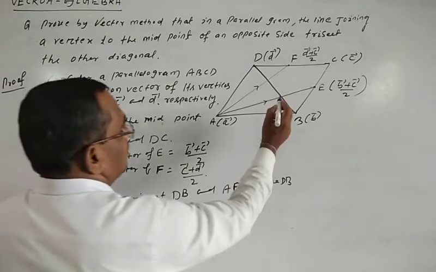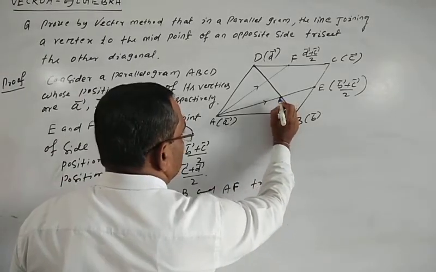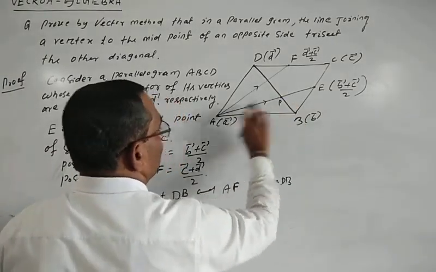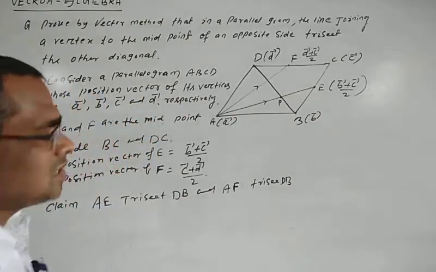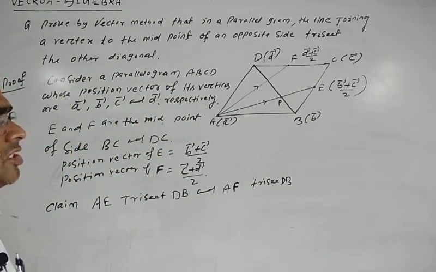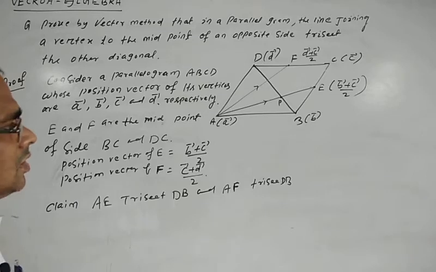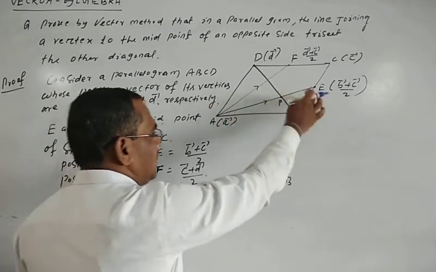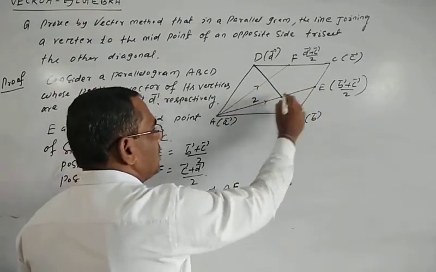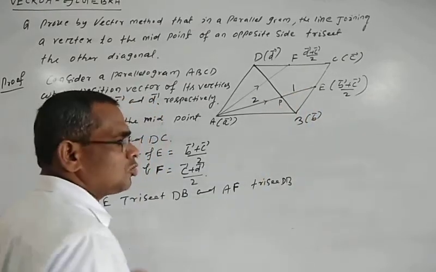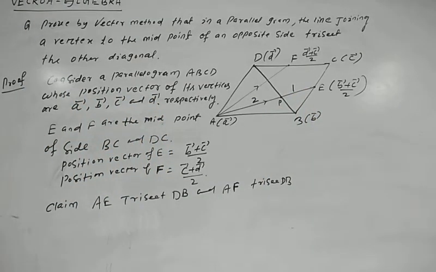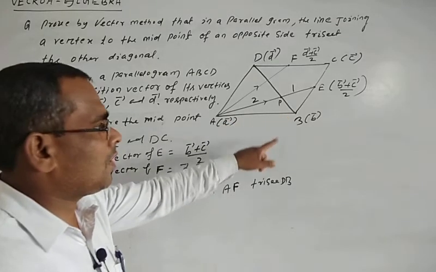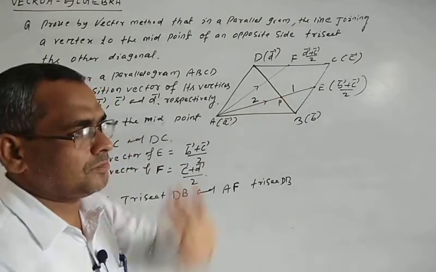Let P be a point on AE which divides it in the ratio 2:1. Suppose P is a trisection point of AE which divides it in the ratio 2:1.